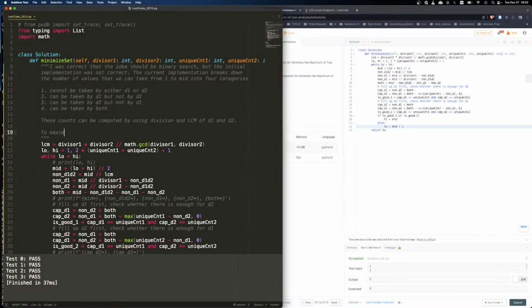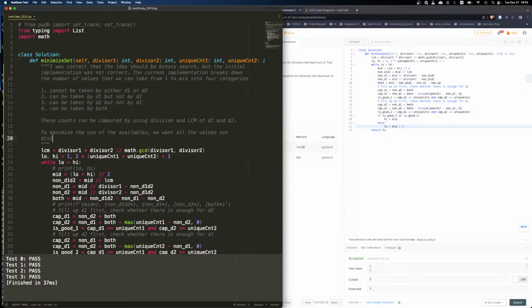Now to maximize the use of the availables, we want all the values not divisible by D1 to come from, we can call it none D1 D2, this one will be none D2, this one will be none D1, this one will be both.